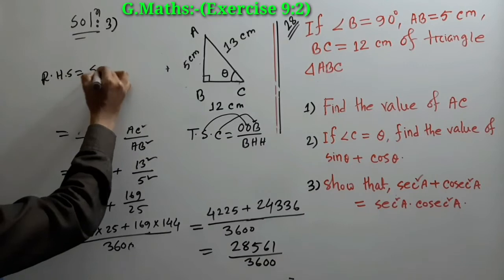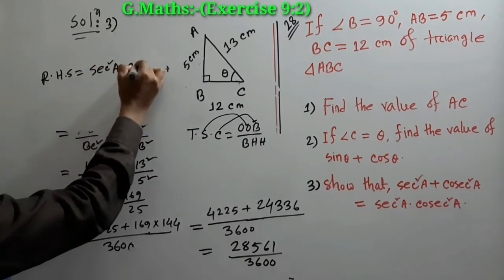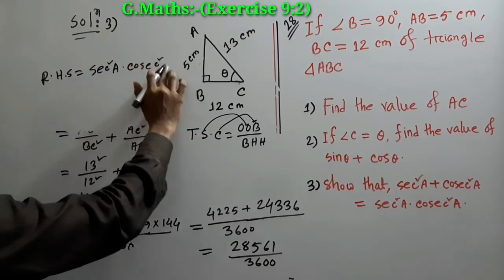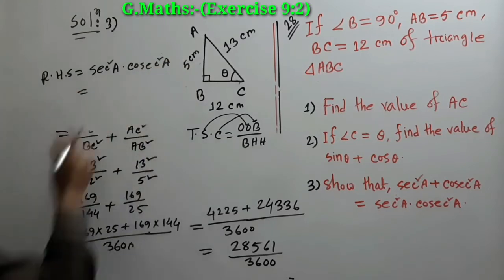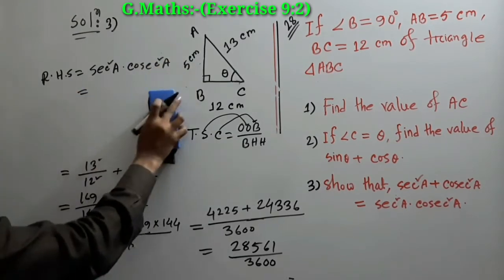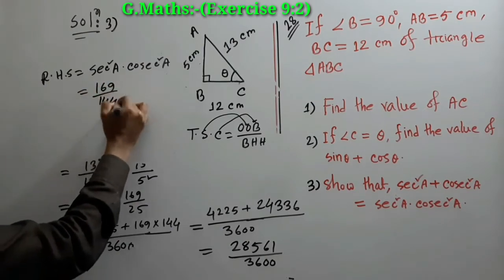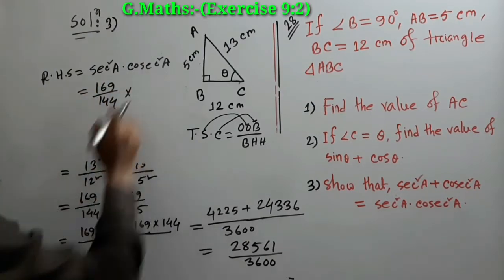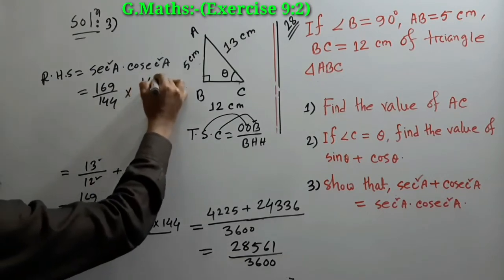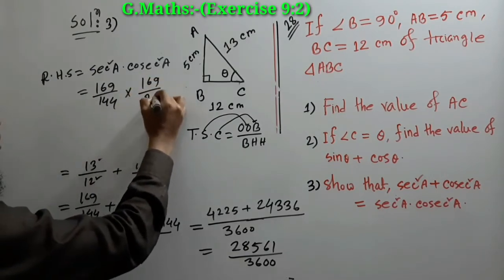Right hand side equal to sec square A into cosec square A. The value of sec square A equal to 169 divided by 144, into the value of cosec square A equal to 169 divided by 25.